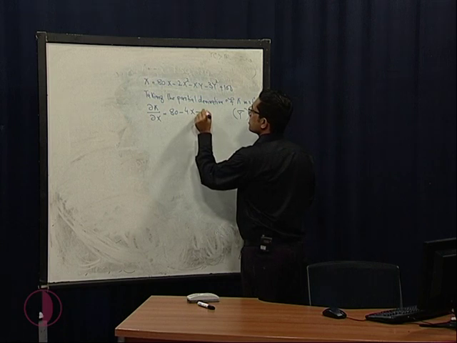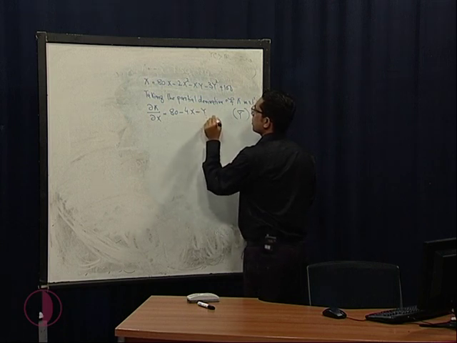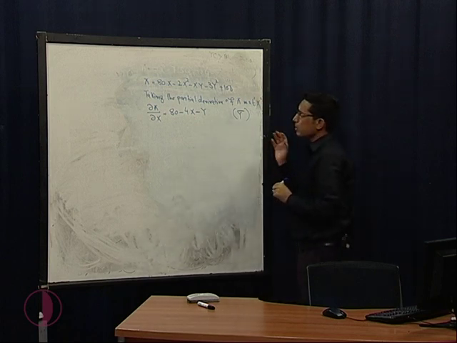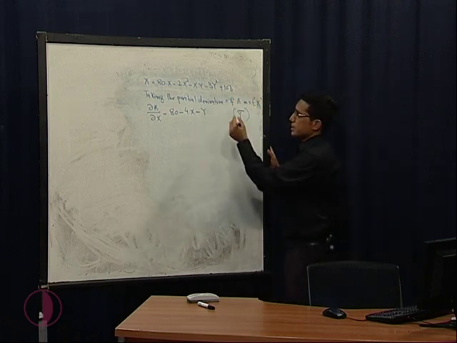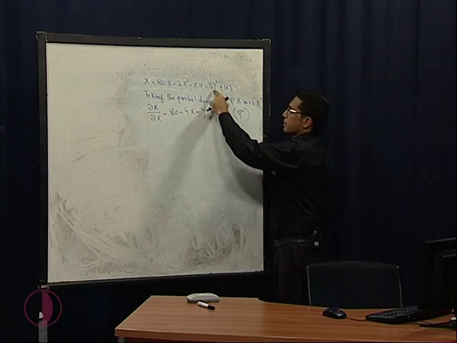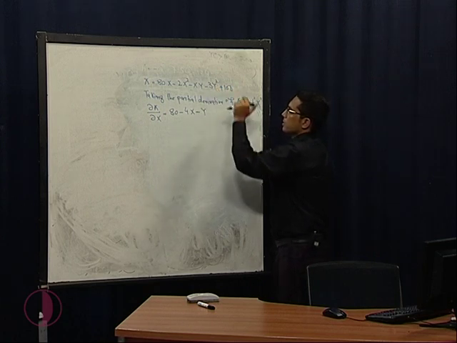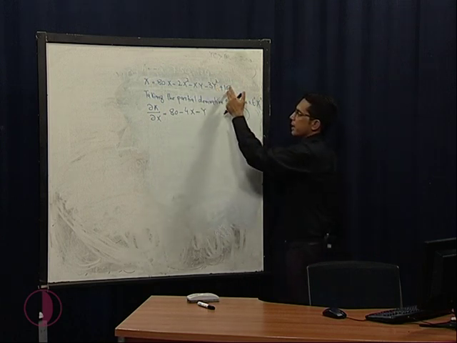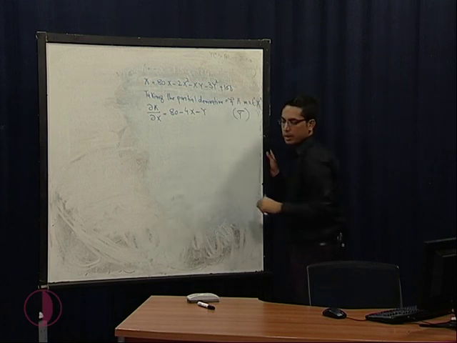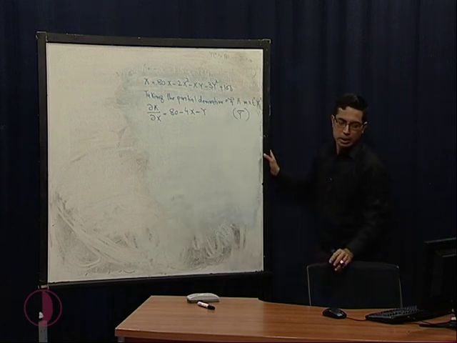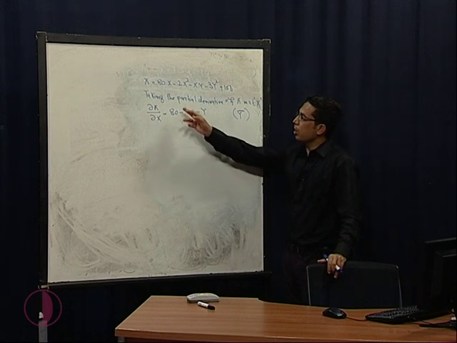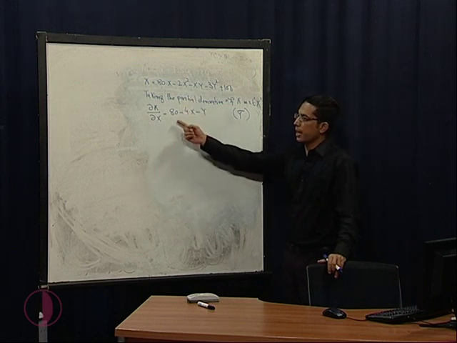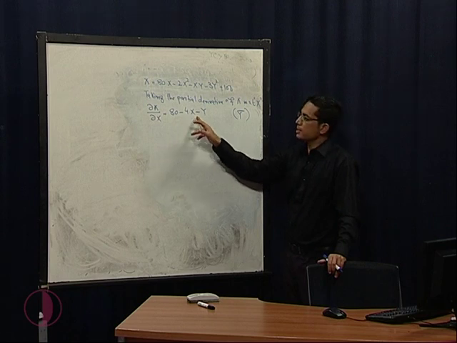The derivative of a constant is equal to 0, so that term cancels out. So, the partial derivative of this profit function with respect to X is equal to 80 minus 4x minus Y.